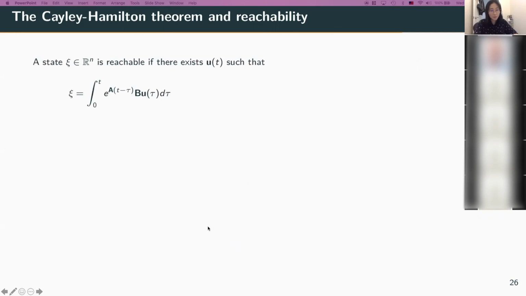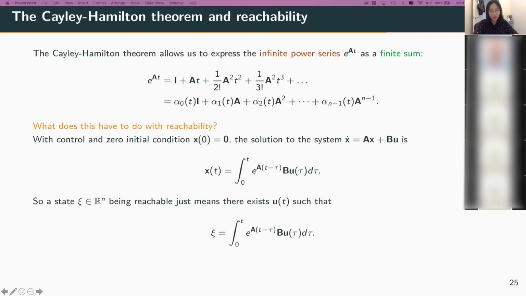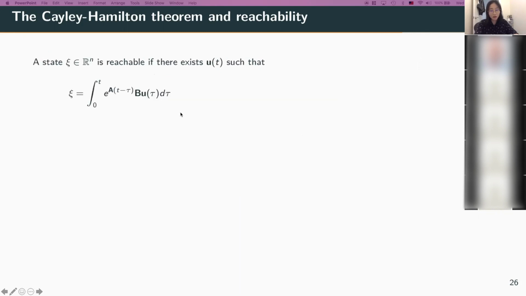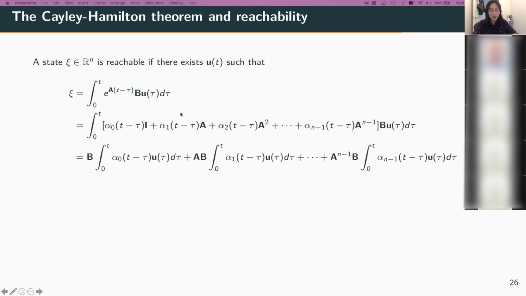From here we can first write our matrix exponential using what we had from this page. We can write it as a finite sum, a finite power series. And then the next step is just to chop up the integral into bits, and take the power of A and B out in front.